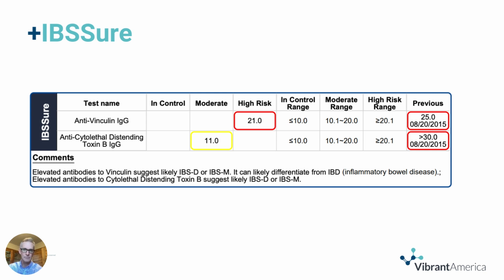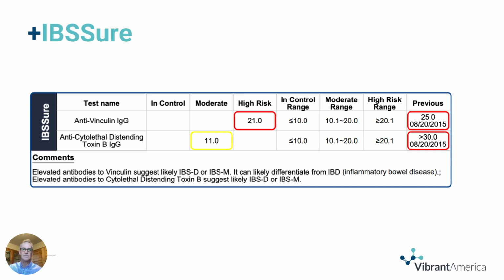Now, vinculin is a protein in the migrating motor complex. It's kind of part of what makes it work. This is what helps drive peristalsis. So there can be some molecular mimicry between cytolethal distending toxin and vinculin, unfortunately. So if somebody gets a serious gastroenteritis, long story short, their immune system might also start reacting against that vinculin.